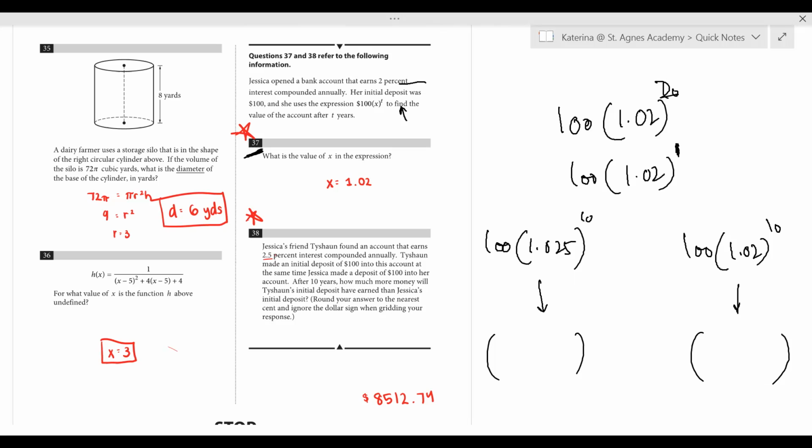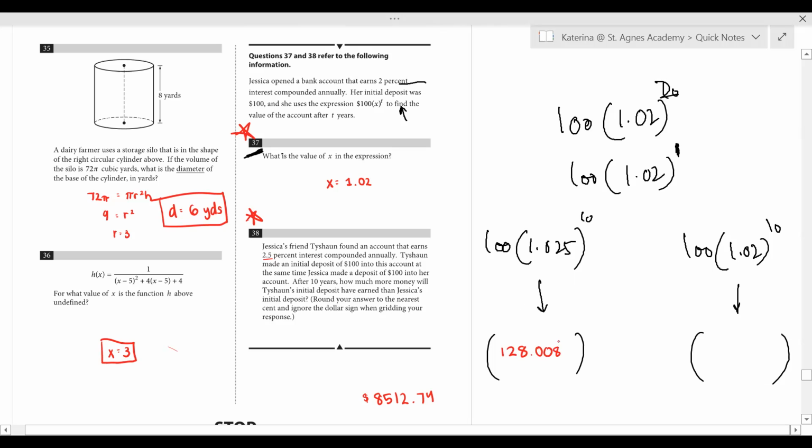Yes, I'm doing that right now. 100 times 1.025 raised to the power 10. Okay, so times 100. For Tasha, I got 128.008, like 128.